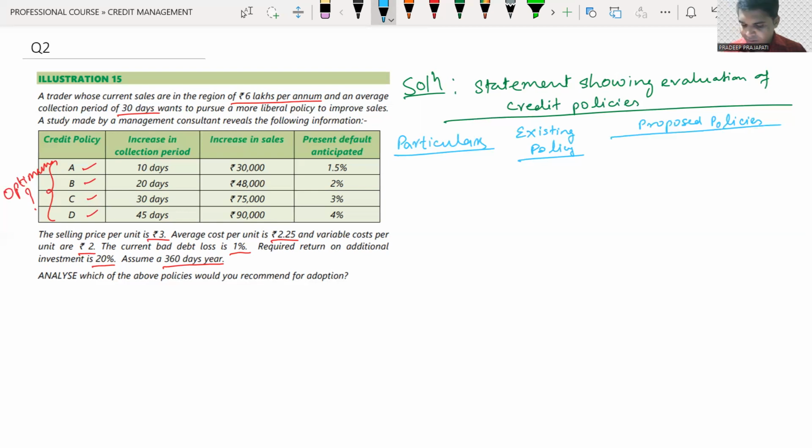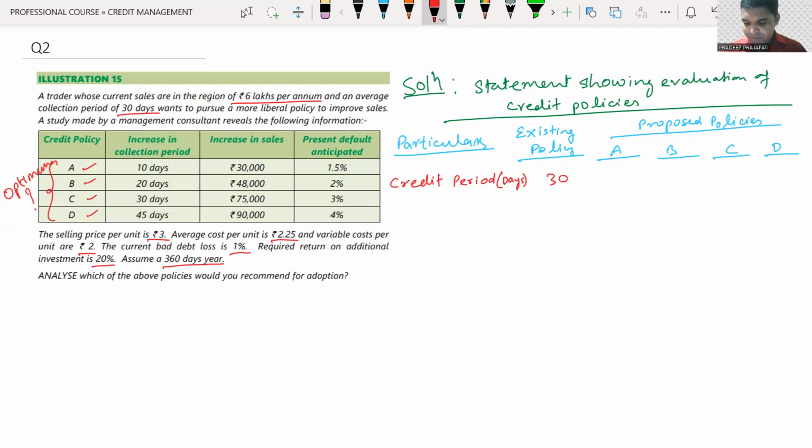In proposed policies, there are four policies: A, B, C, and D. First of all, write credit period. And it is given in days. And if it is month information, then write in months. So existing credit period is 30 days.